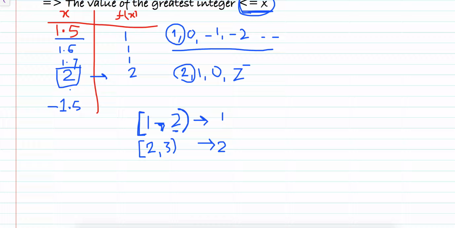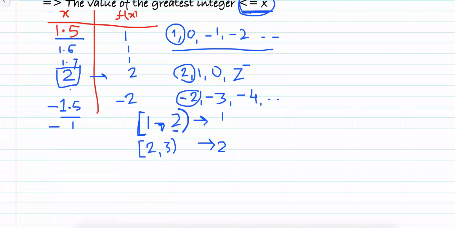Similarly 0, 1, 2, 3 are all more than that. So the integers less than minus 1.5 are minus 2, minus 3, minus 4, and all other negative integers. So the largest among these is minus 2. So for minus 1.5, the value is minus 2.